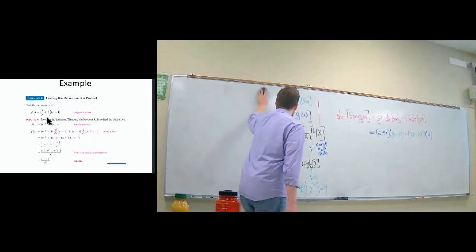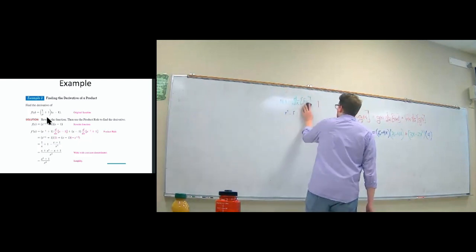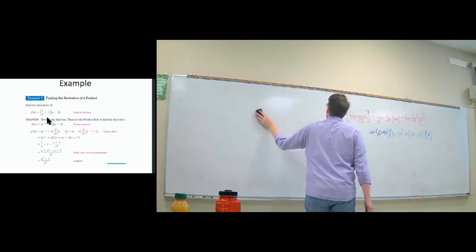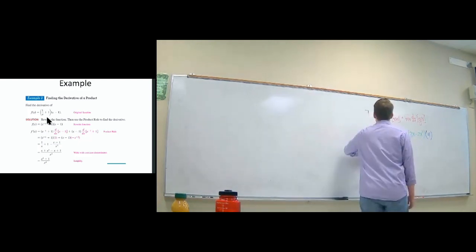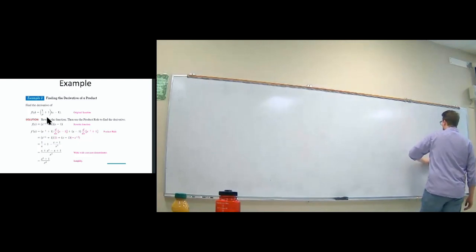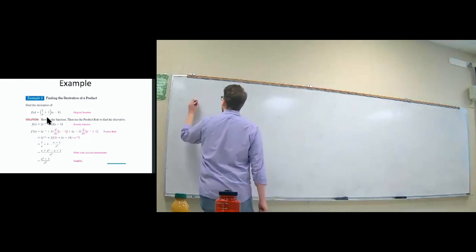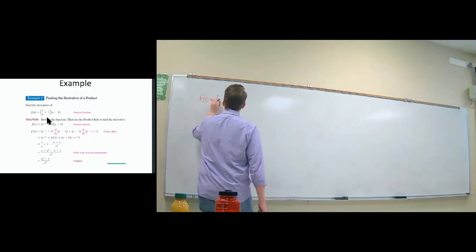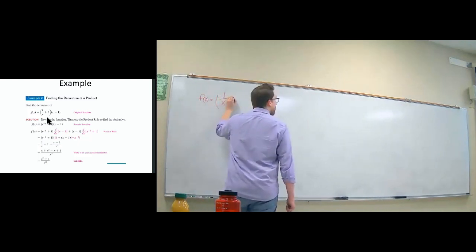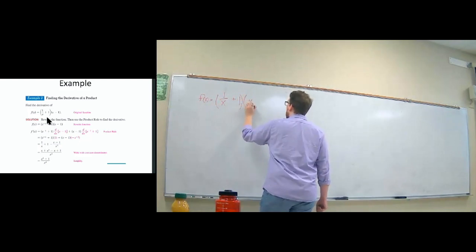So after you rewrite everything in terms of powers, go ahead and define each individual function, f of x and g of x. So what I am saying is, start off by saying, all right, cool, my function f of x is equal to 1 over x plus 1 times the quantity x minus 1.